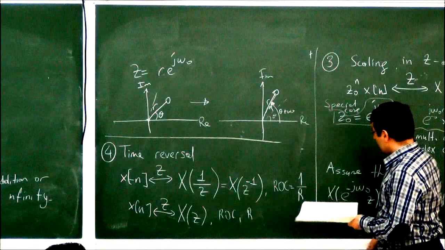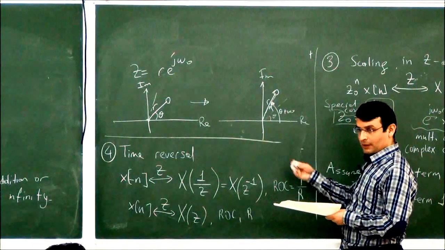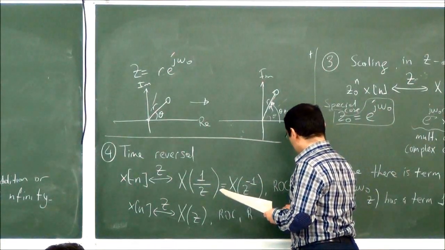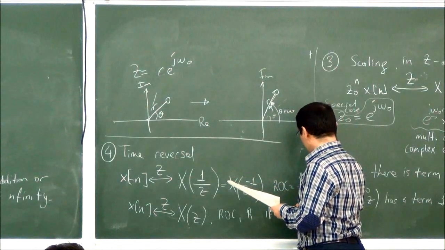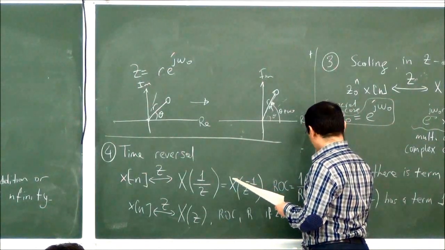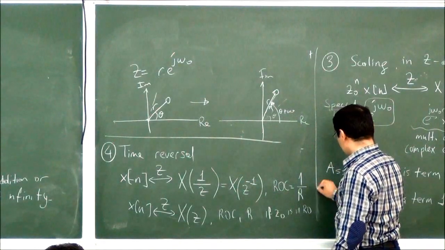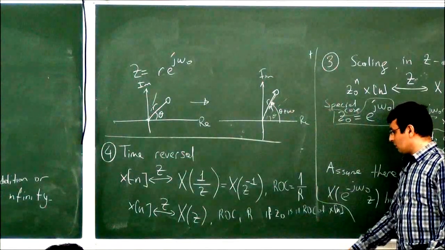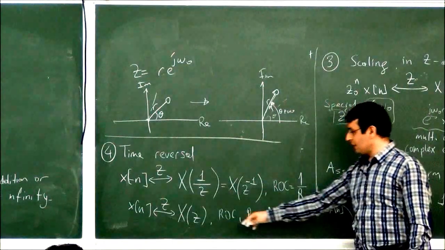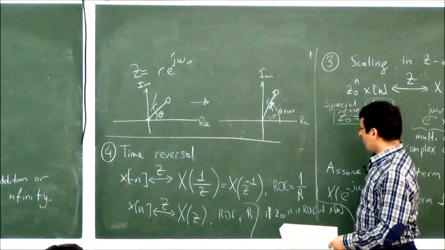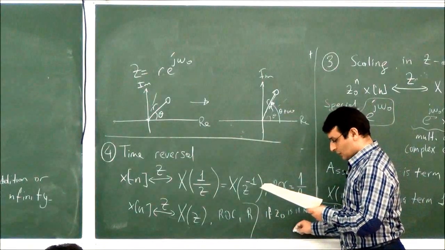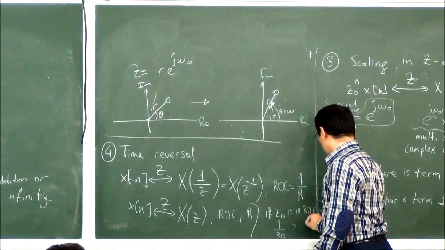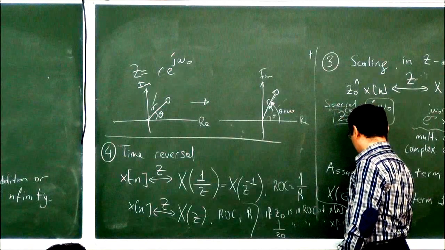Yes, sure. In this case, it is complementation. Let's give an example. If Z0 is in the region of convergence of x[n], and you make this time reversal, then 1 over Z0 is in the region of convergence of x[-n].